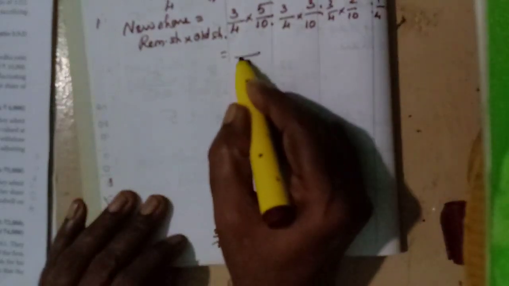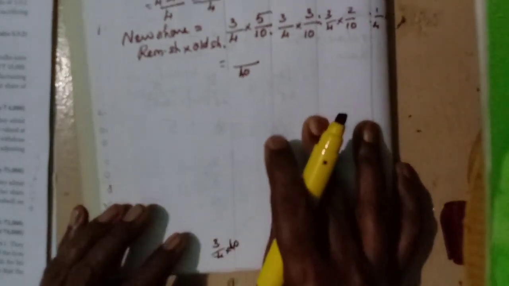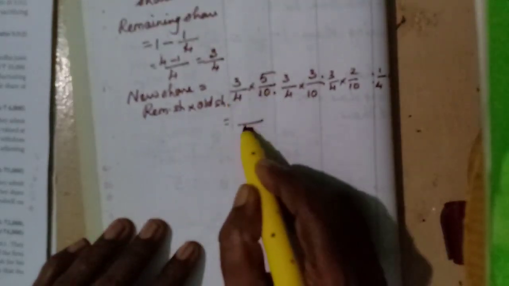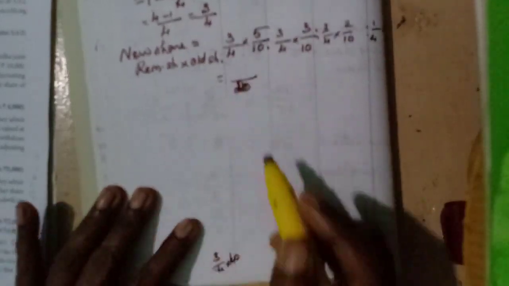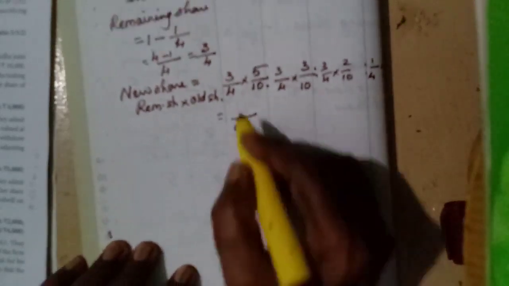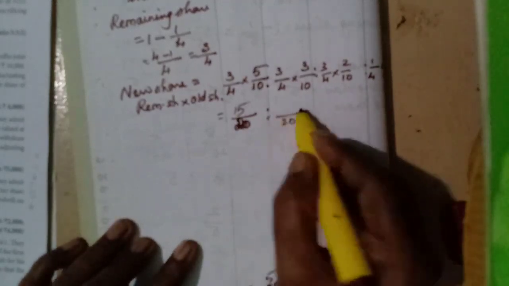Not 10, 40. 20 also we can take, isn't it? LCM we can take as 20.